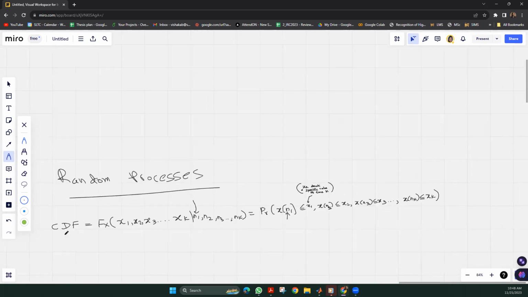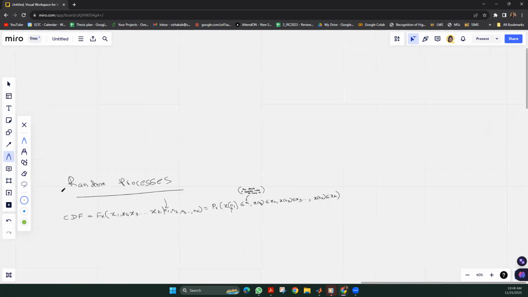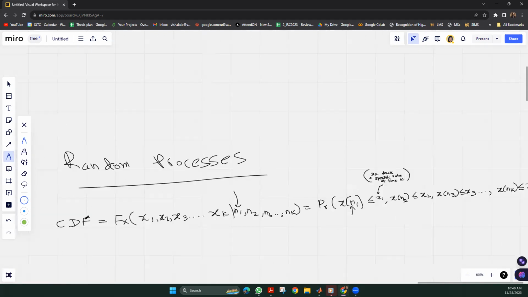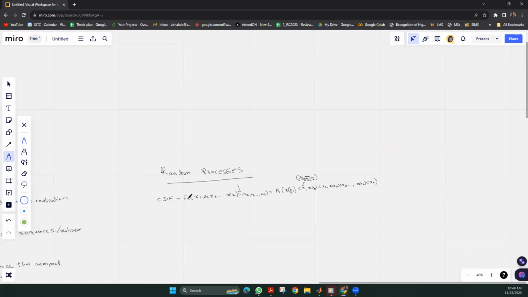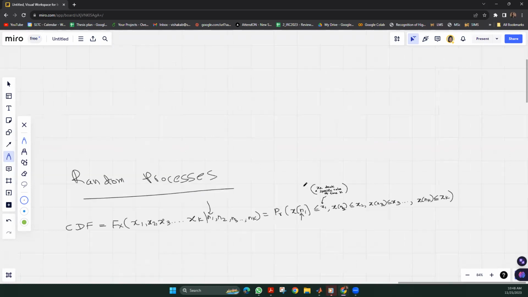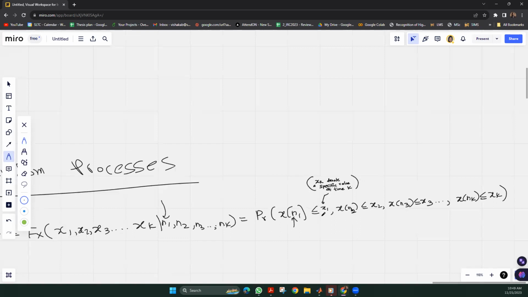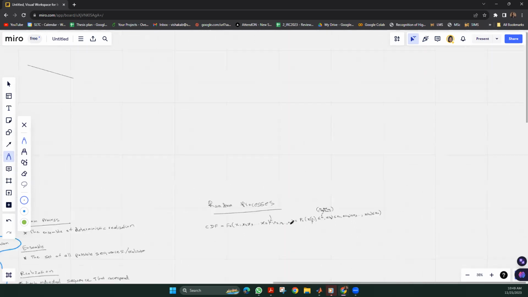This CDF function is defined under multiple random variables, and using it we can find the probability of the random variables being below the specific values that we fix.